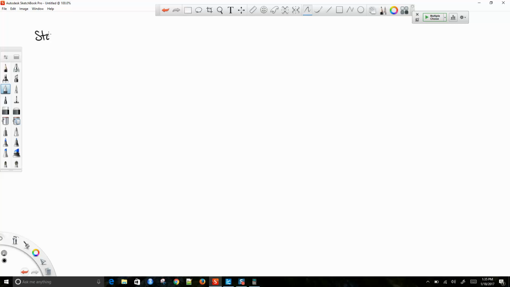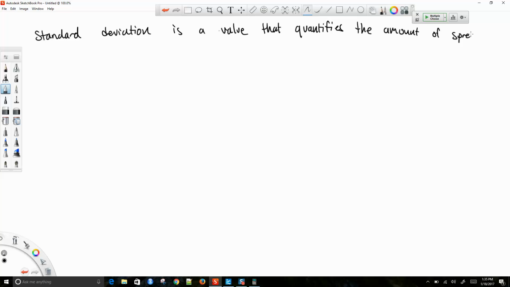So standard deviation is a value that quantifies the amount of spread. Okay, so this is our big picture idea.